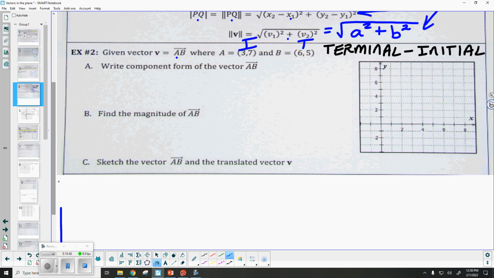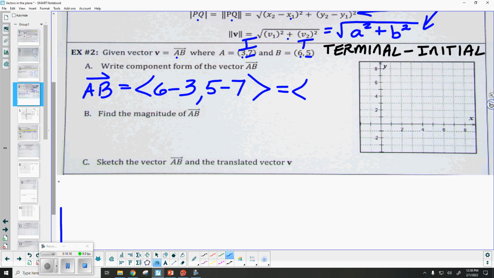Okay, so for part A, write the component form of vector AB. So here's vector AB. I'm going to set up my component form. So I'm going to start with the terminal, subtract the initial. Remember, it's always the difference of the x's and then the difference of the y's. So I'm going to take the terminal x, and I'm going to subtract the initial x. I'm going to take the terminal y, and I'm going to subtract the initial y.